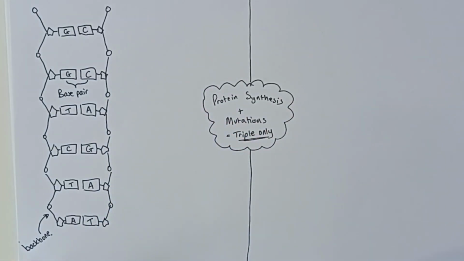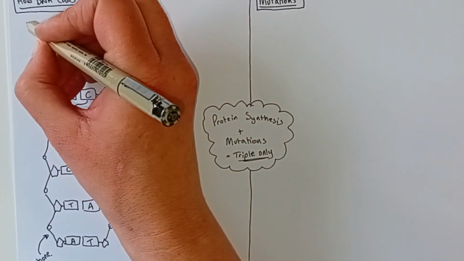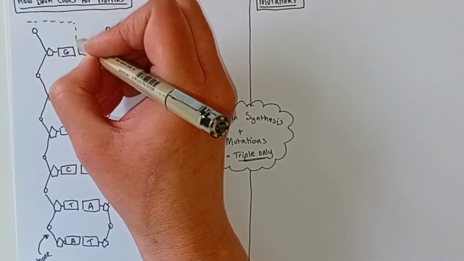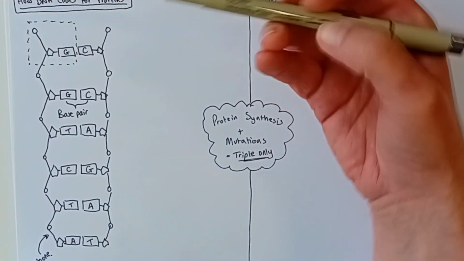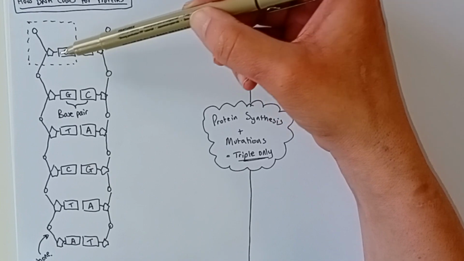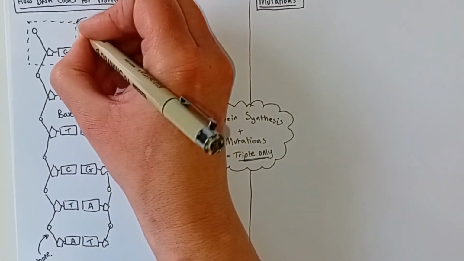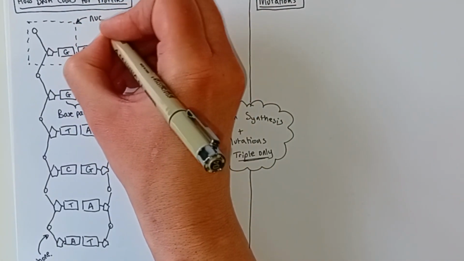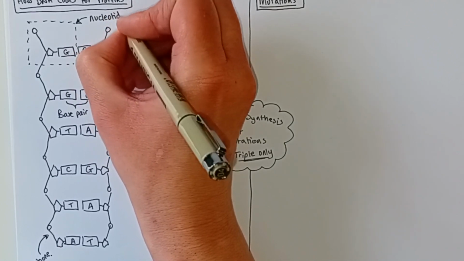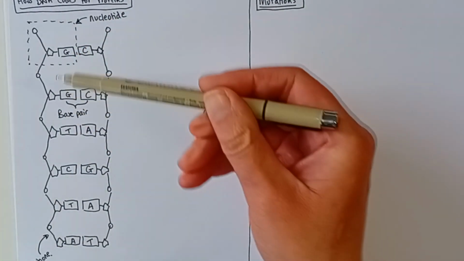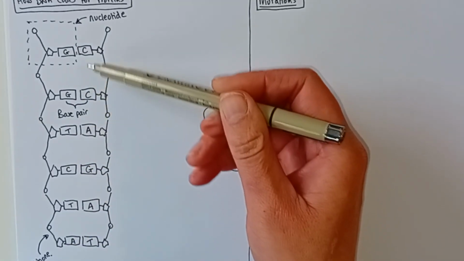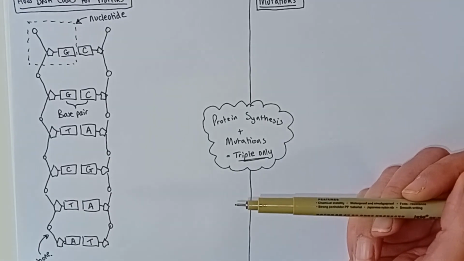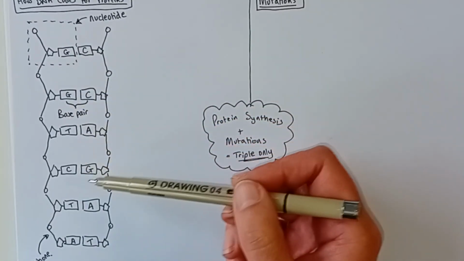So remember we said DNA was a polymer, and the subunit of a polymer is this bit here. It's a phosphate and a sugar and a base, and the subunit was called a nucleotide. So in this section of DNA, we've got 12 nucleotides, forming 6 sets of base pairs.